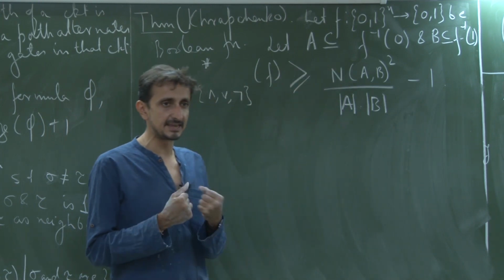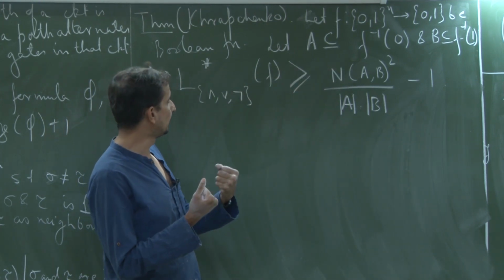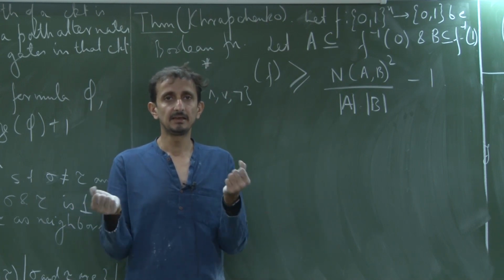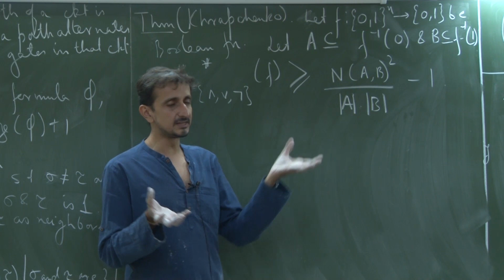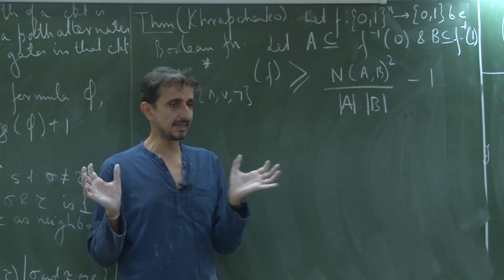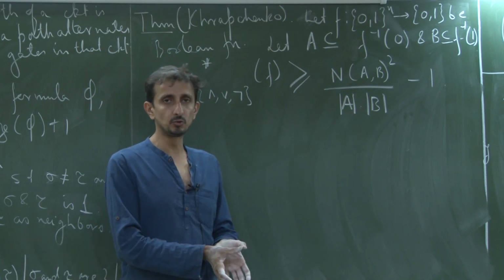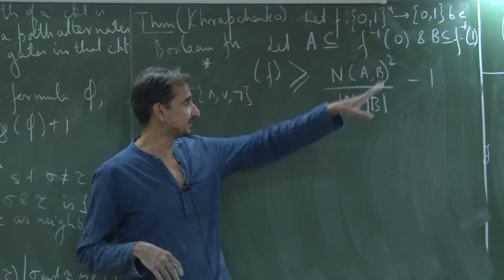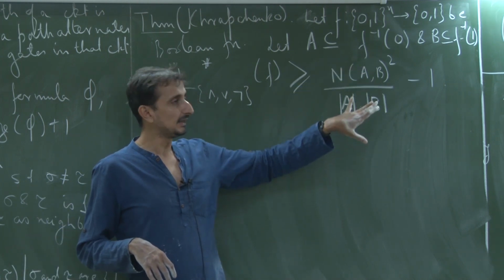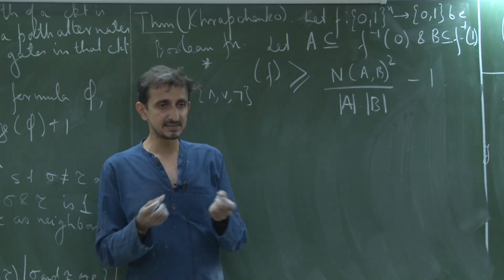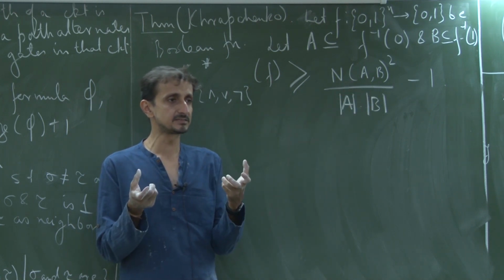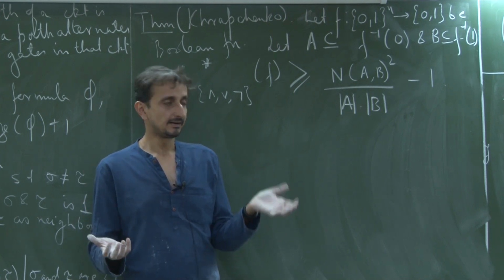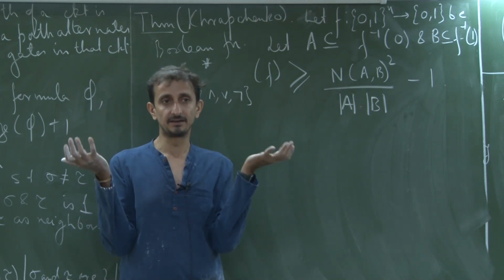What this is saying is that if I look at a Boolean formula, and two sets A and B such that A gets entirely mapped to 0 and B gets entirely mapped to 1, where A and B can be anything, basically subsets of these two quantities, then if there are a lot of pairs between A and B which are neighbors, the complexity of f goes higher.